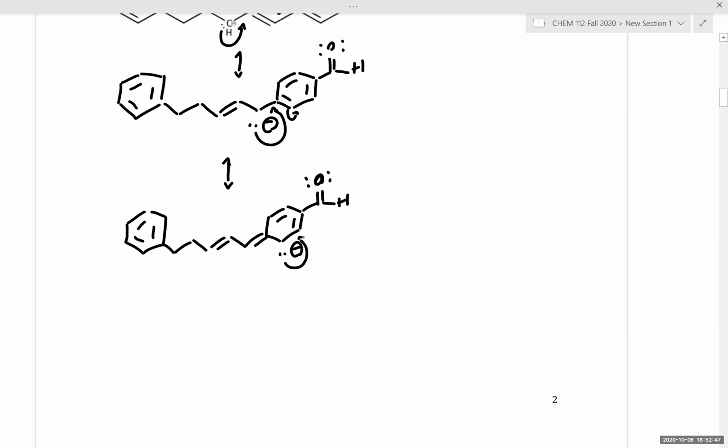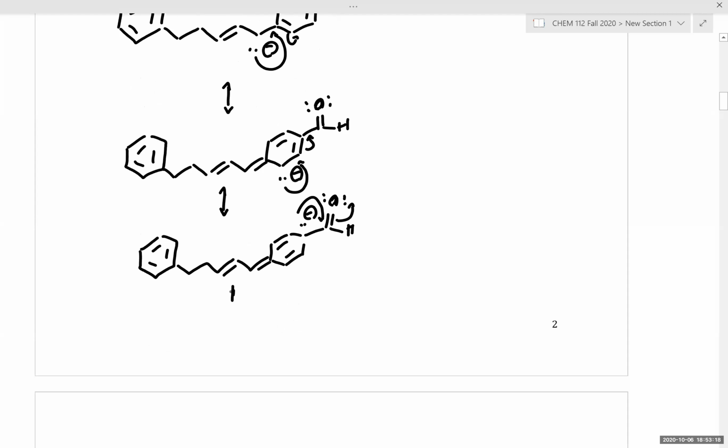Okay, so we're continuing to push our electrons throughout our pi system. And continuing on, we end up with a total of 5 structures.